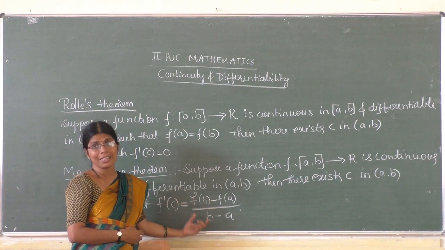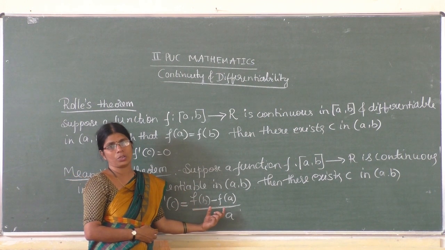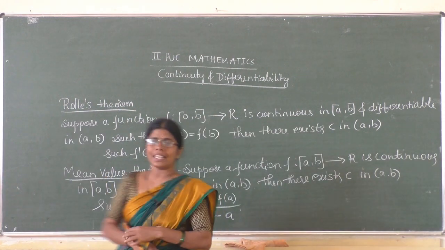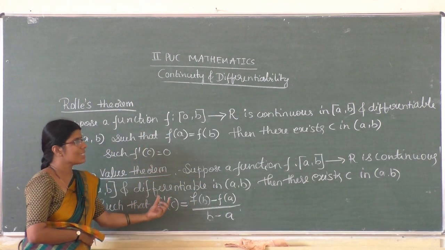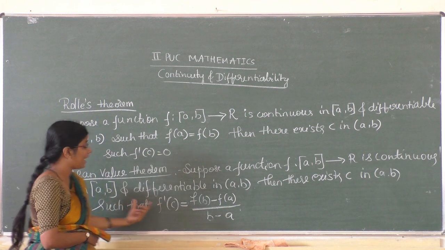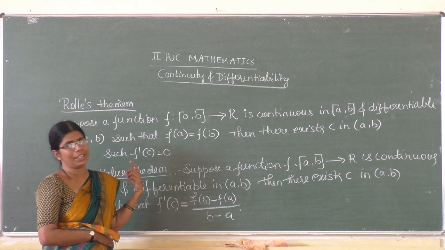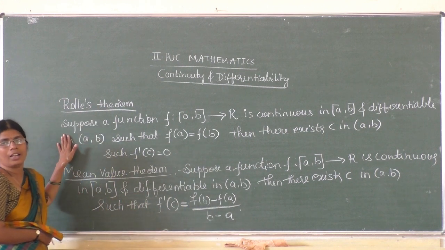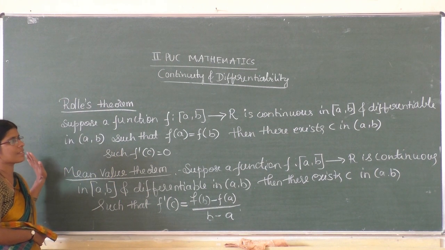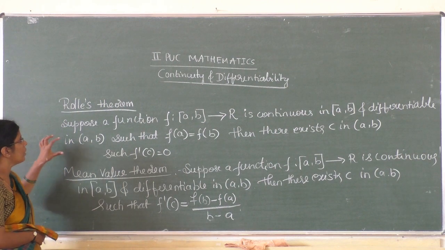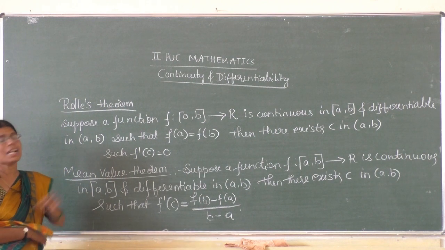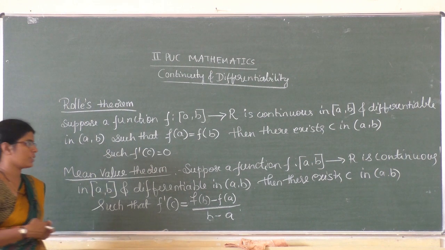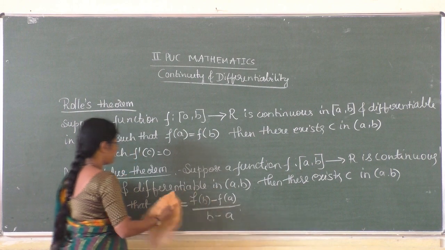So this is nothing but the slope of the secant. The slope of the tangent is equal to the slope of the secant, and this is how we get the mean value theorem. So this is the mean value theorem and this is Rolle's theorem. Now we consider some functions and apply Rolle's theorem and the mean value theorem to those functions separately.